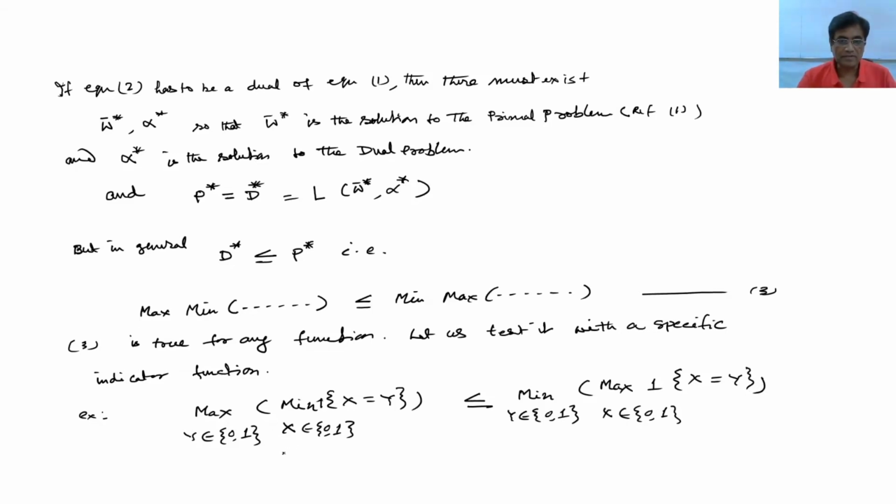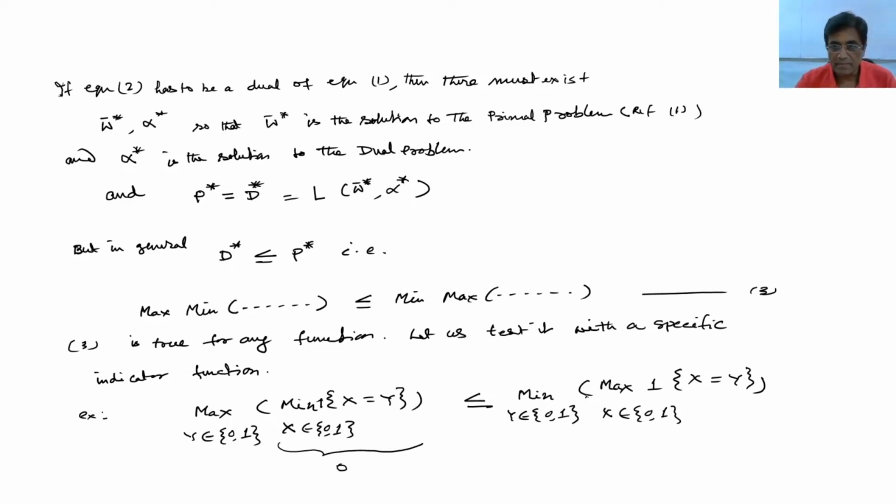Now let us test. So max of min of x equals y is less than or equal to min of max of x equals y. Let us see. What is the minimum of 0 and 1? 0. So max of min equals 0.